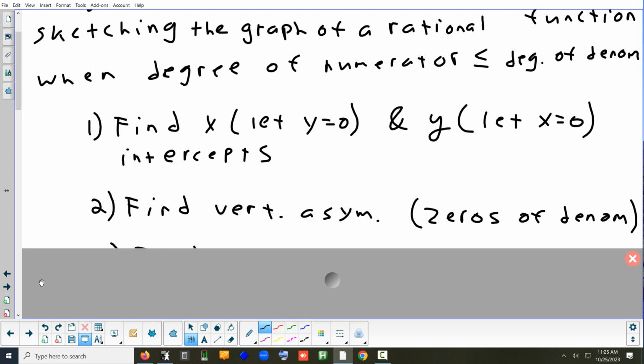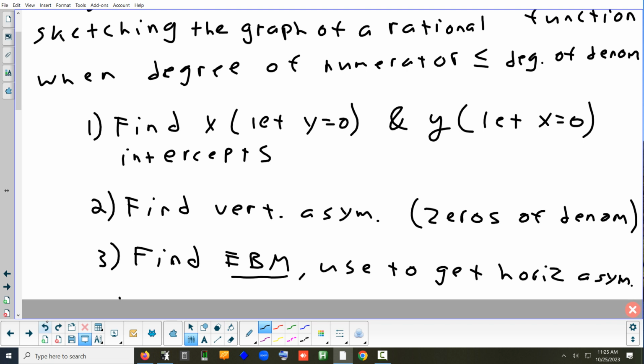The next thing we want to try to find are the vertical asymptotes. Okay, vertical asymptotes, those are the zeros of the denominator. Once you get the verticals, you want to get the horizontals. Generally, there's 1 or 2 verticals in a problem. Only 1 horizontal, but you could have 1 or 2 verticals.